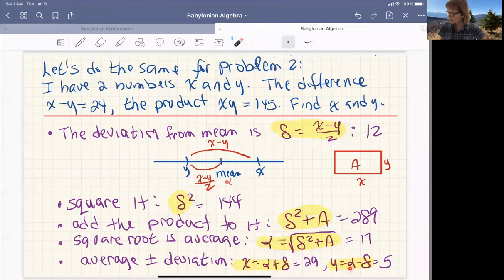The average minus the deviation from the mean is 5. And so that's how we got our 2 answers. So algebraically, that's what the calculations actually look like.